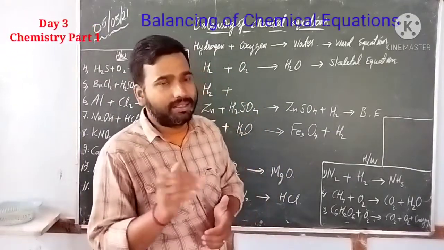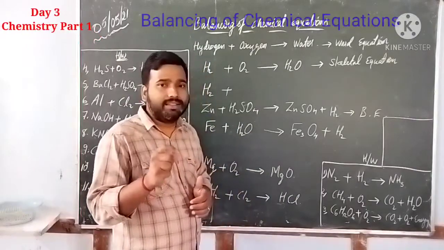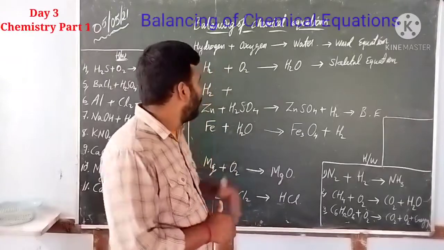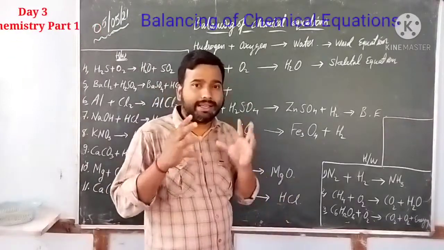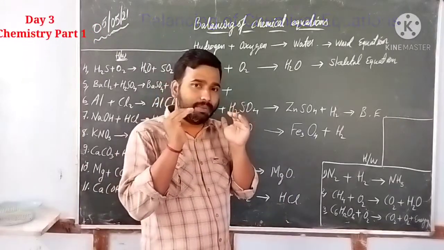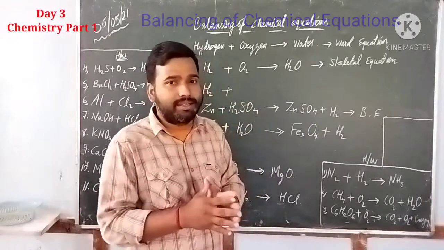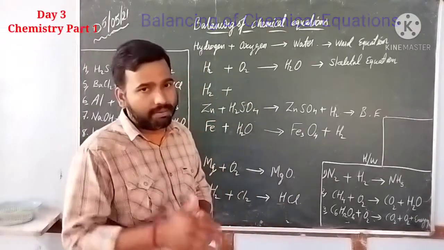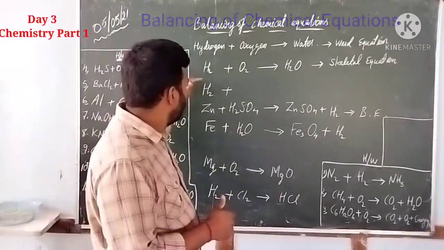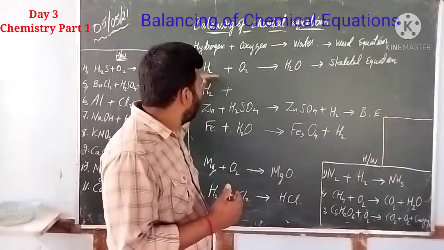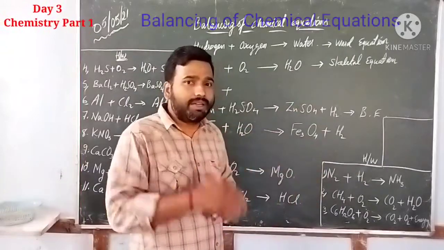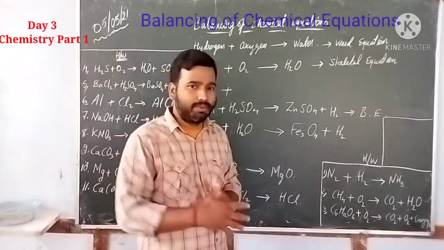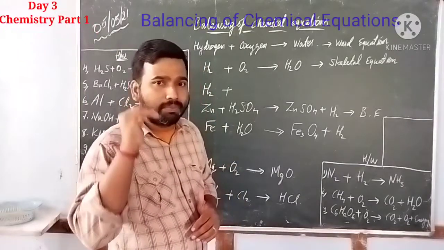The second is the law of constant proportion. It states that the elements taking part in a chemical reaction react in a definite proportion by mass so as to form compounds. These laws are already proven and cannot be disproved.